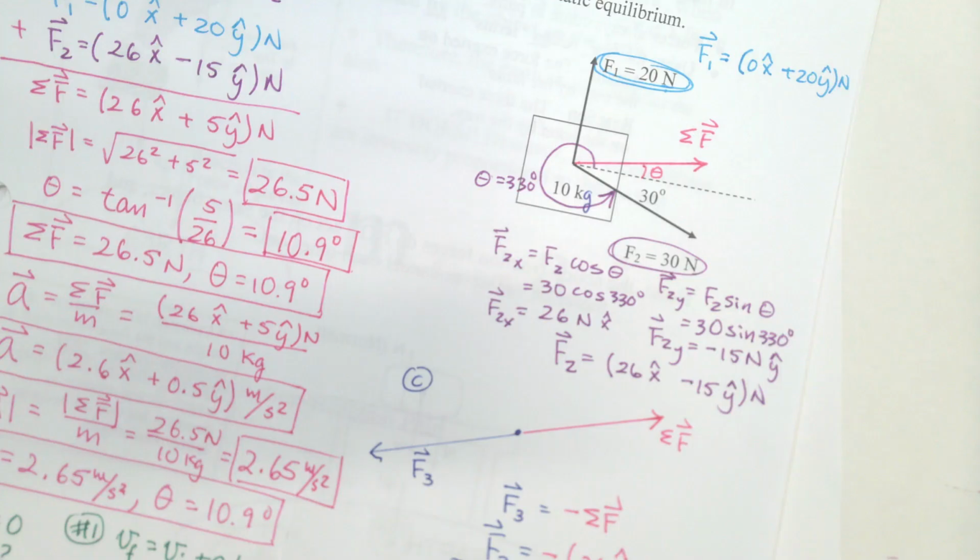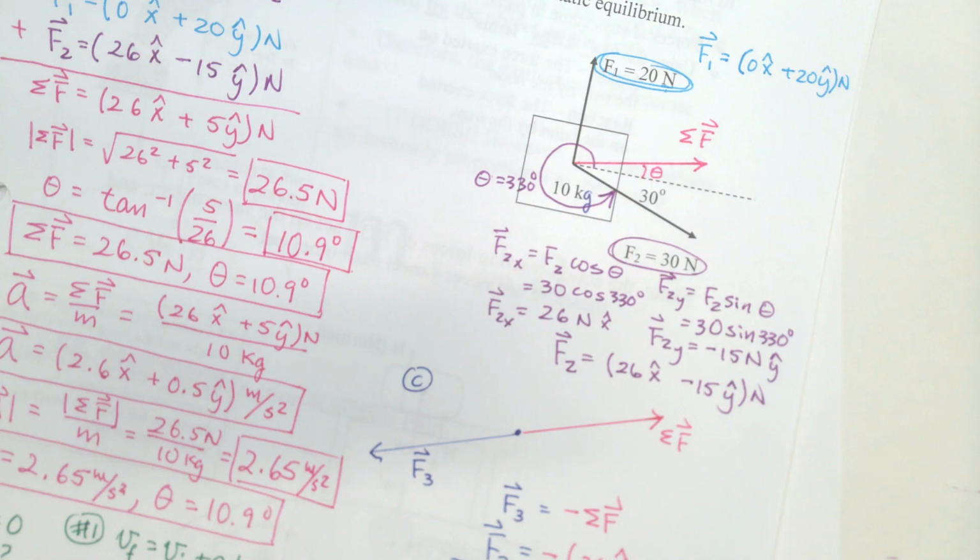Magnitude cannot be negative. So you cannot say negative 26.5. You should have known that from chapter 3. All right? Magnitude cannot be negative. Magnitude is always going to be positive. Any questions?